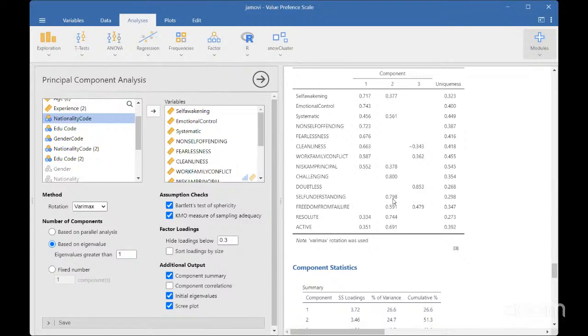Okay, so another one is the freedom from failure. That is also in the third factor. Second factor and the third factor, both.